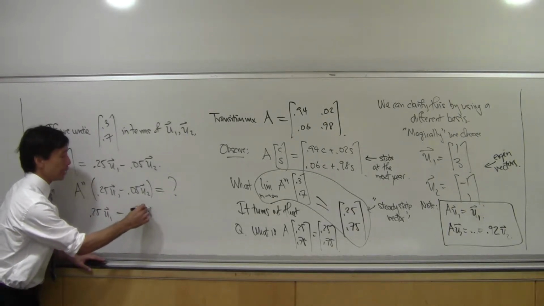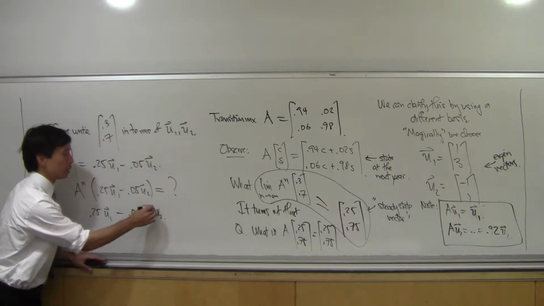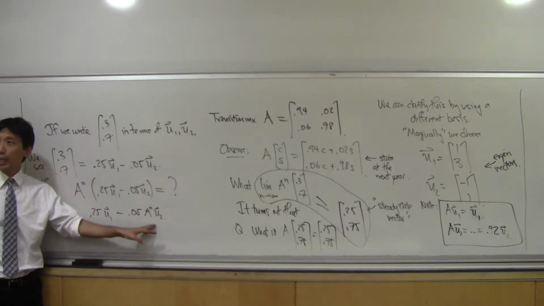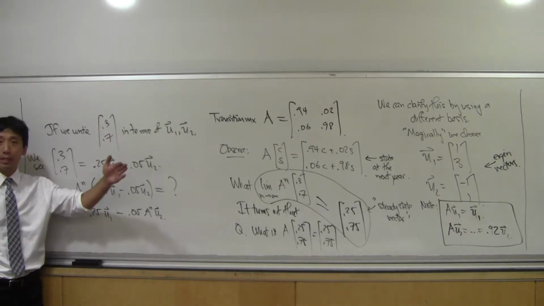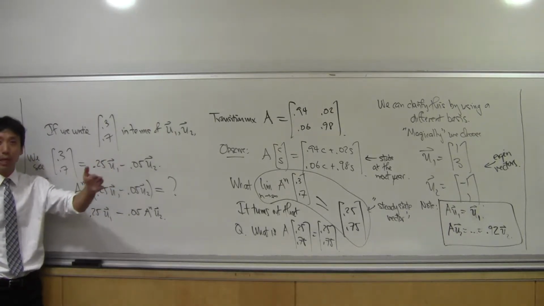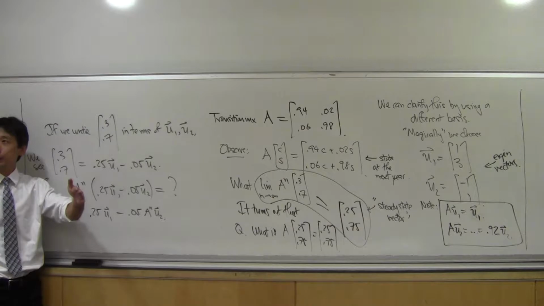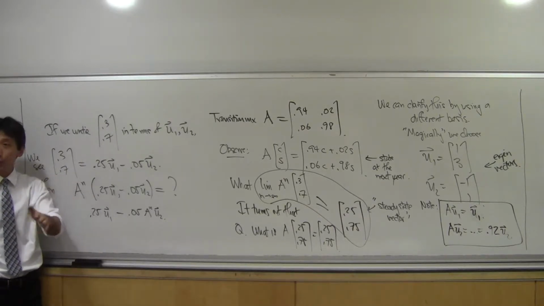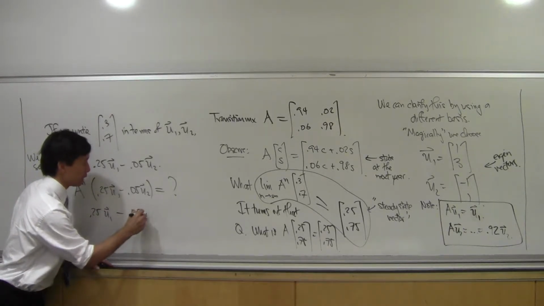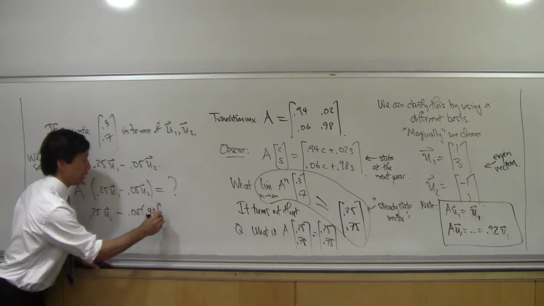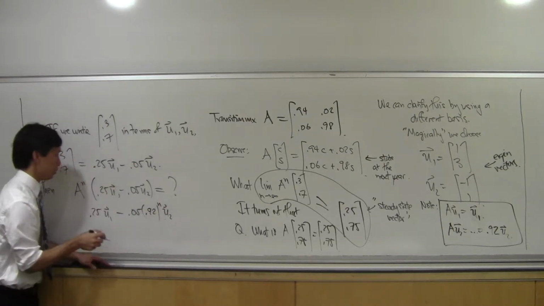Okay, now what about the second part? Well, you get A to the n U2. Every time you apply A to U2, it gets shrunk by 0.92. So it gets multiplied by 0.92 n times. So you get 0.92 to the n times U2.